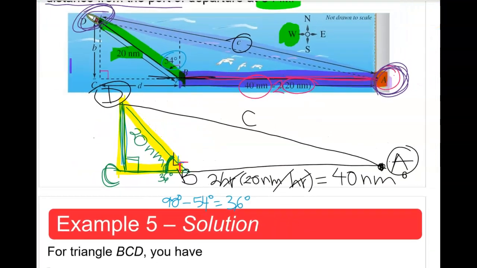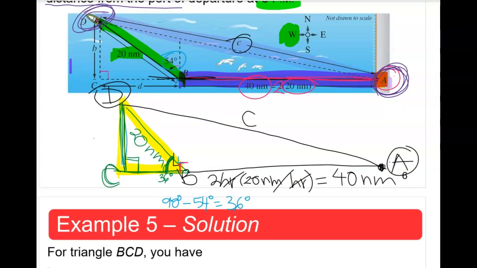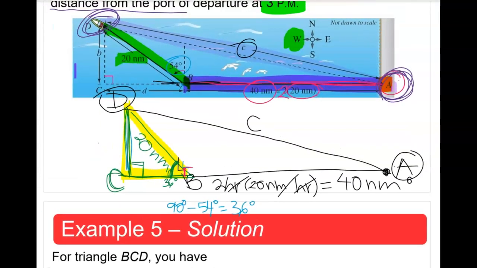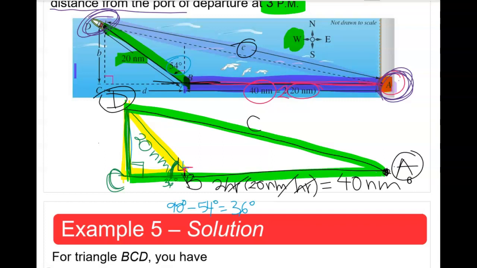And now I'm going to trace the other triangle, right triangle. So that one's going to be formed by this line here, this line, and this one. And there we have two right triangles.